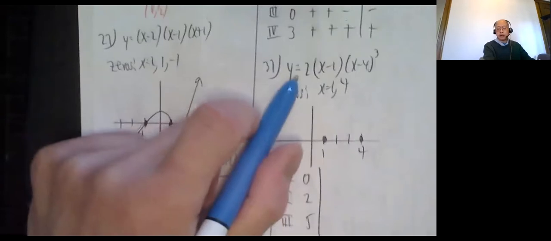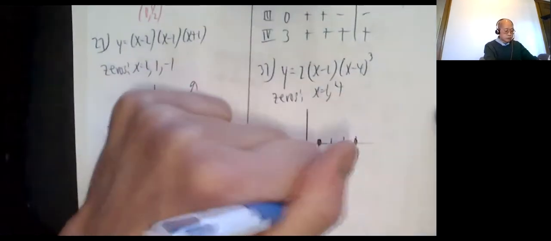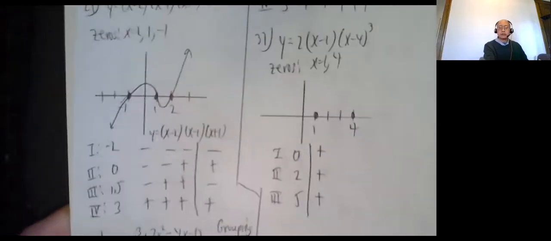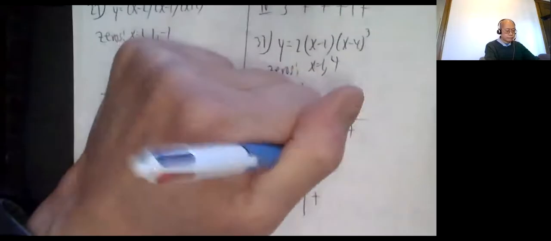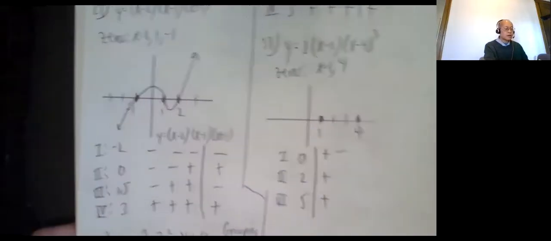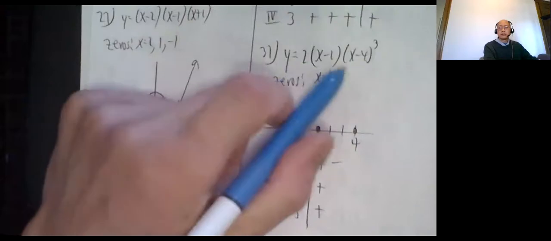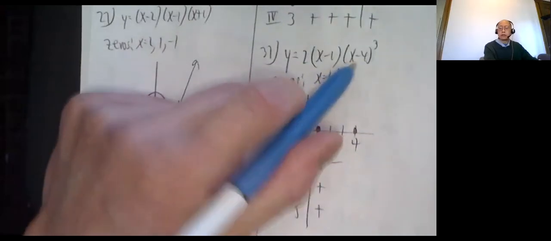Okay, now 2 is already positive, right? If you're gonna multiply by 2, 2 is positive, so that's already a given. Okay, 0. 0 minus 1, negative. 0 minus 4 is a negative 4.